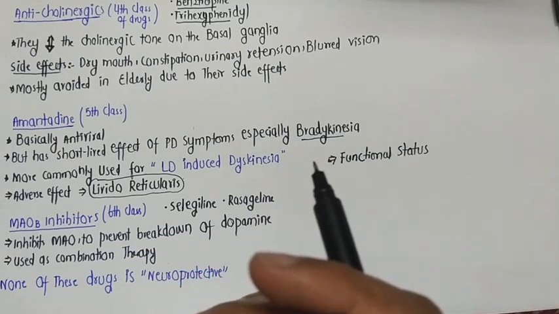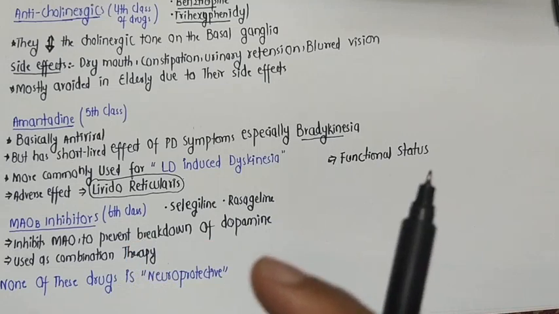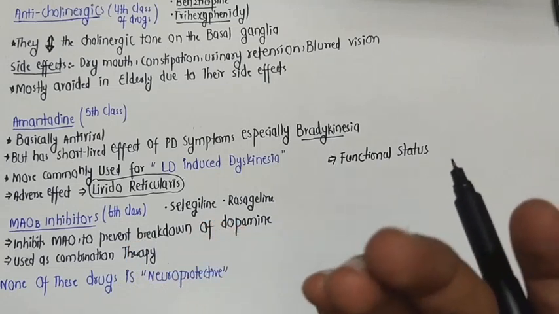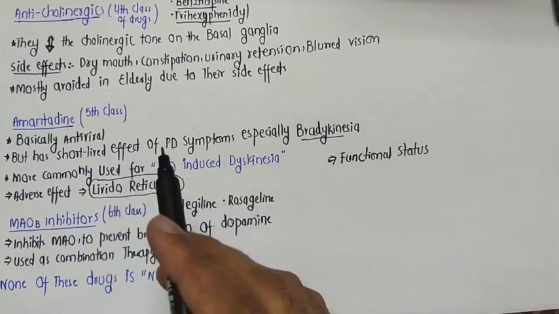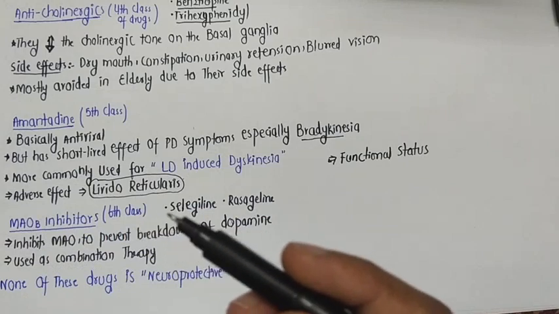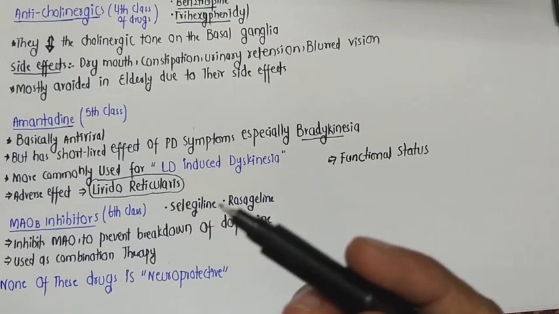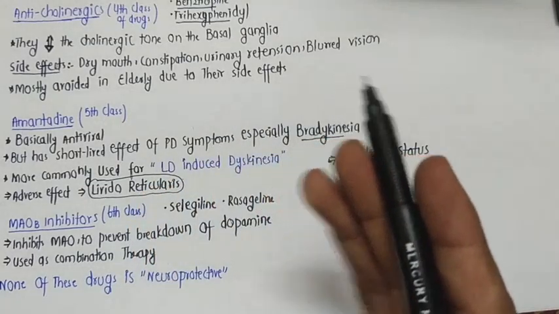For example, you diagnose a patient with Parkinson's disease. How will you decide which class of drug to start first, and which class would you use as second line or first line therapy?